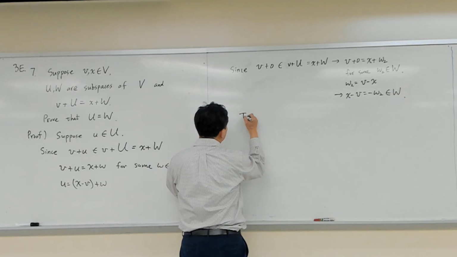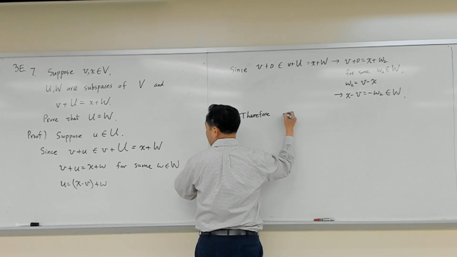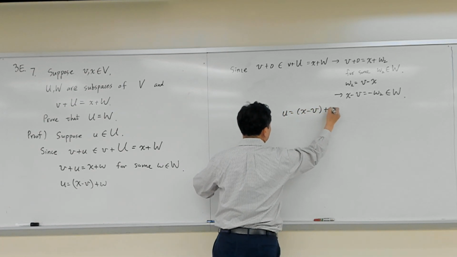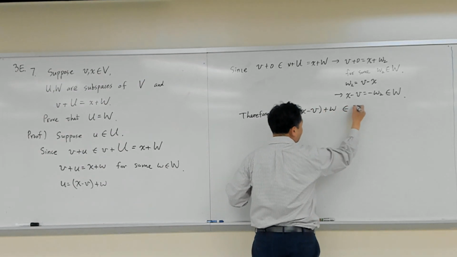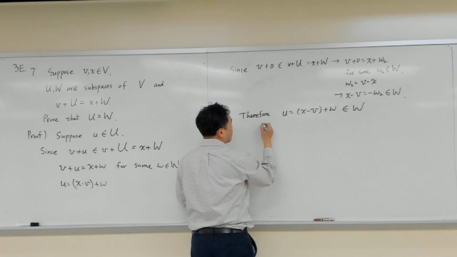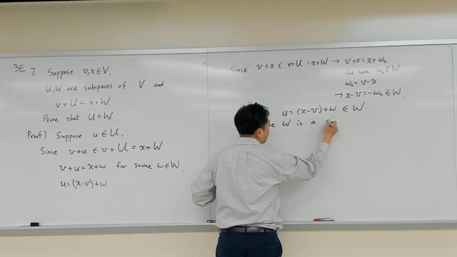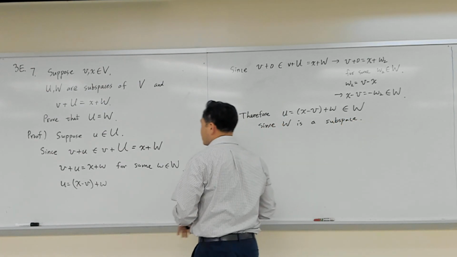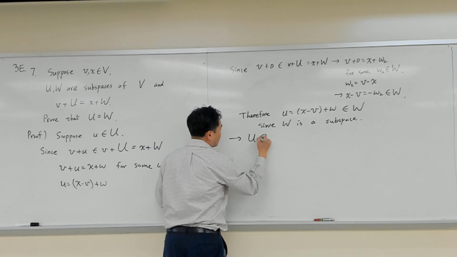Therefore, u equals x minus v plus w. They're both in W, so it's in W, since W is a subspace. And this shows U is a subset of W.